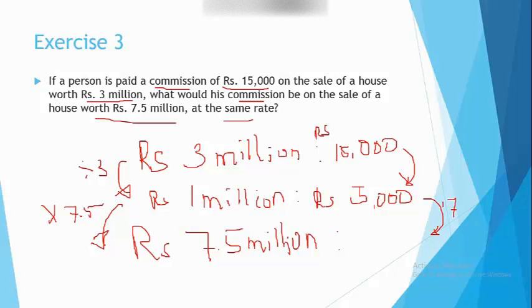So 5,000 times 7.5. So let's calculate the value for 5,000 times 7.5, which would give you 37,500. Yes. So that is the commission for a house worth 7.5 million rupees.